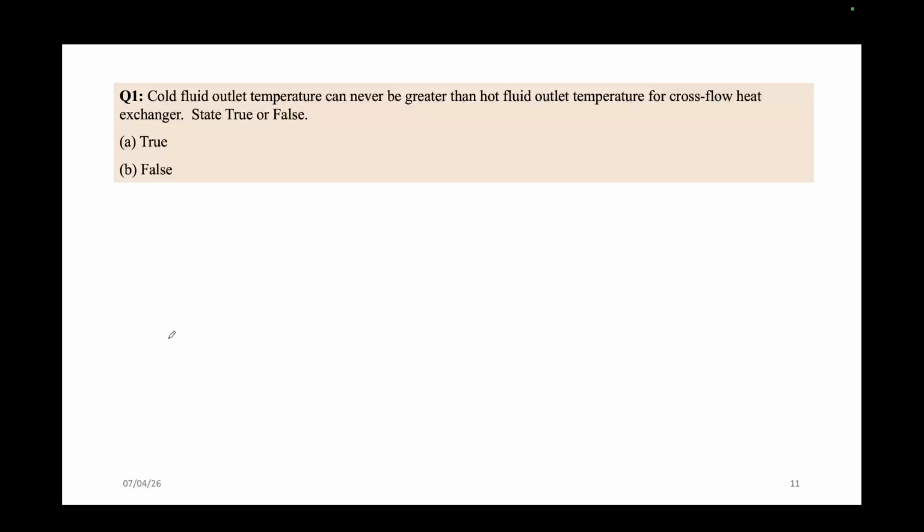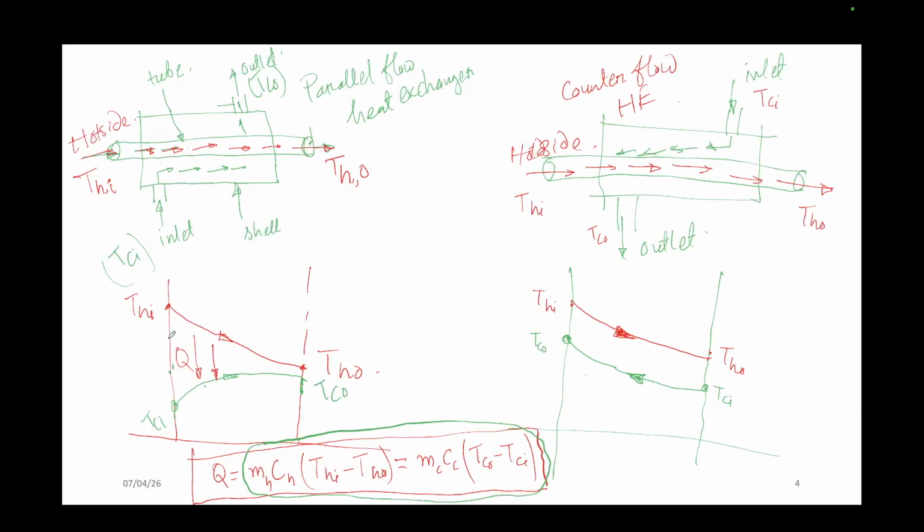Why is it true? In the counter flow, see if this is the curve. This is the counter flow curve, right? If the fluid is flowing in this direction, the question is that the cold fluid output temperature can never be greater, like this type of question.